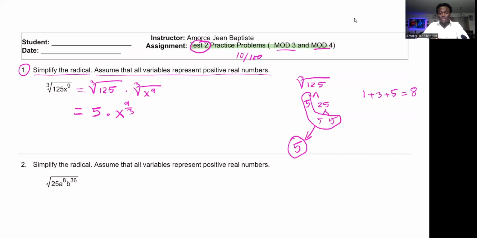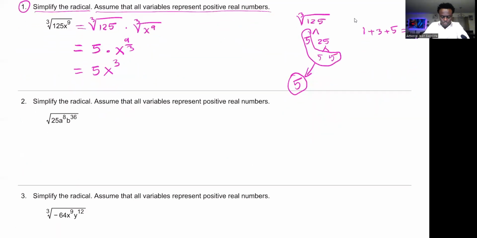So that's what I did. Take the 9, the exponent of the variable, divided by 3, that was the index. So then simplify, 5 x to the power 3 is the answer for cube root of 125 x to the 9th power. Next problem.